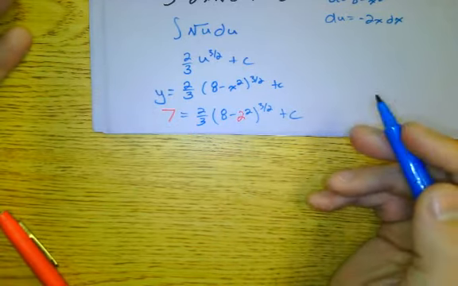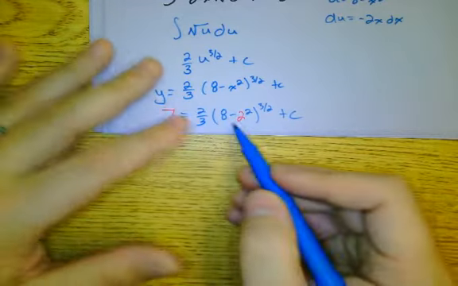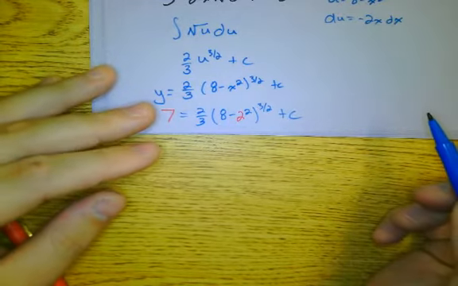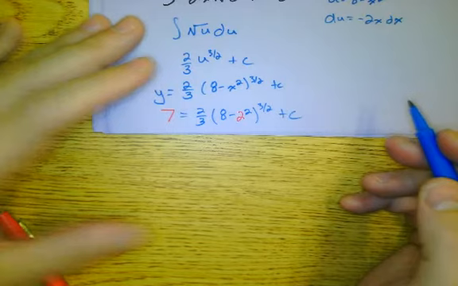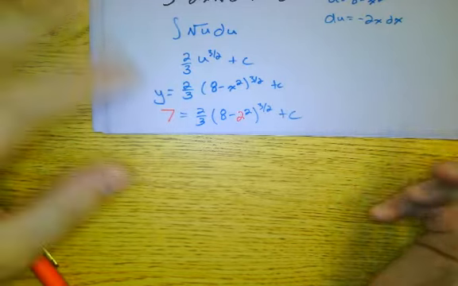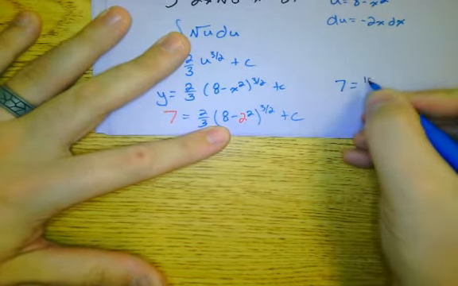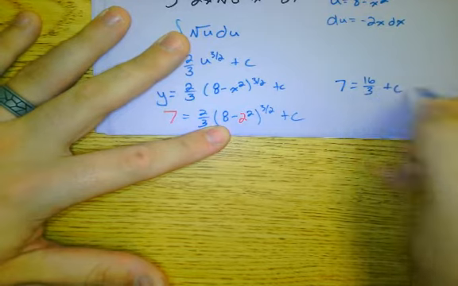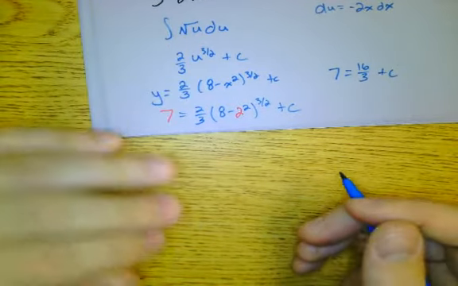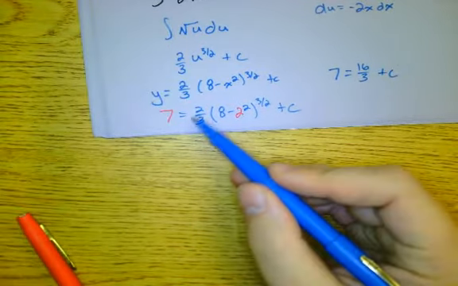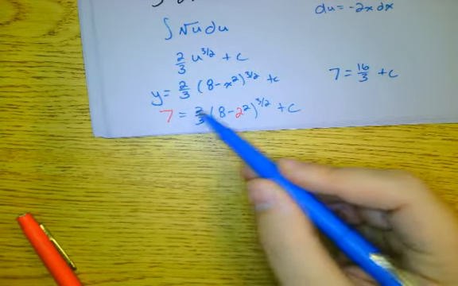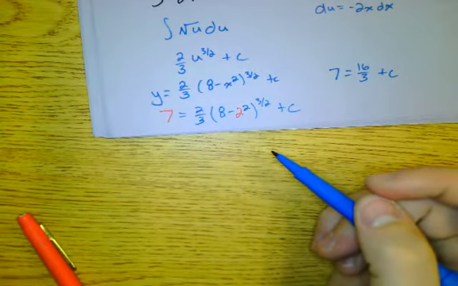Just said 4, 8 times 3/2. Or did I just say 3/2? 2/3, I meant. So we're going to get 7 equals 16/3 plus c. I just did math right here. We agree that this is right here 16/3.